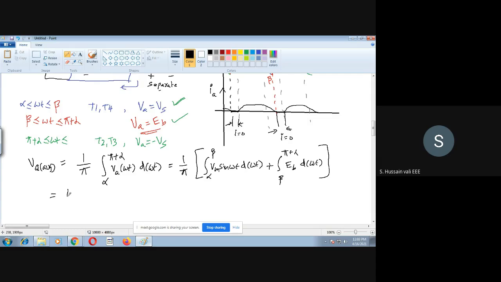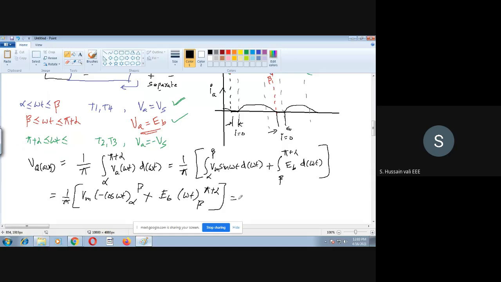Then 1 by pi, Vm times minus cos omega t, from alpha to beta, plus, this eb is a constant, so eb times omega t from beta to pi plus alpha.